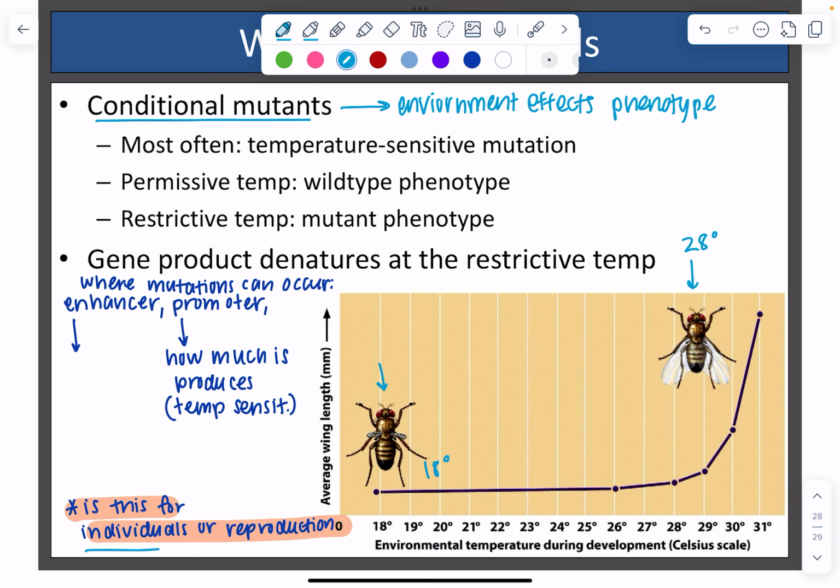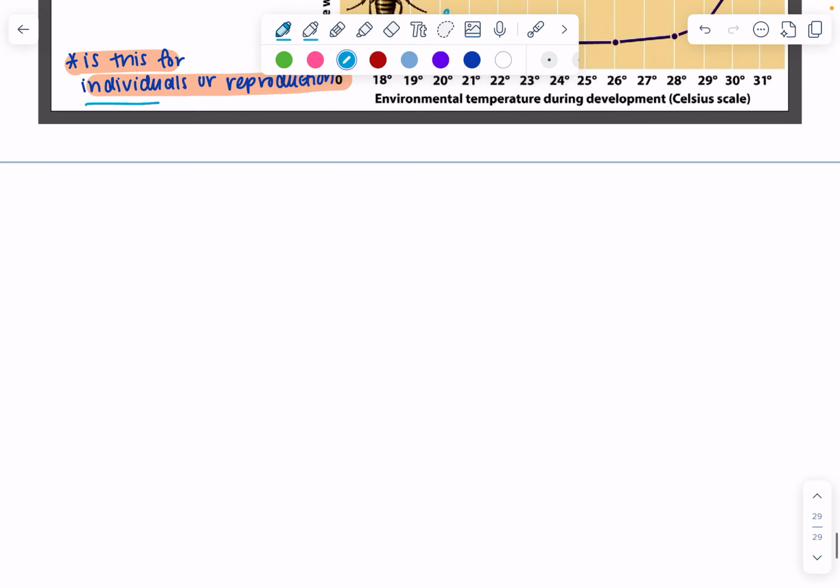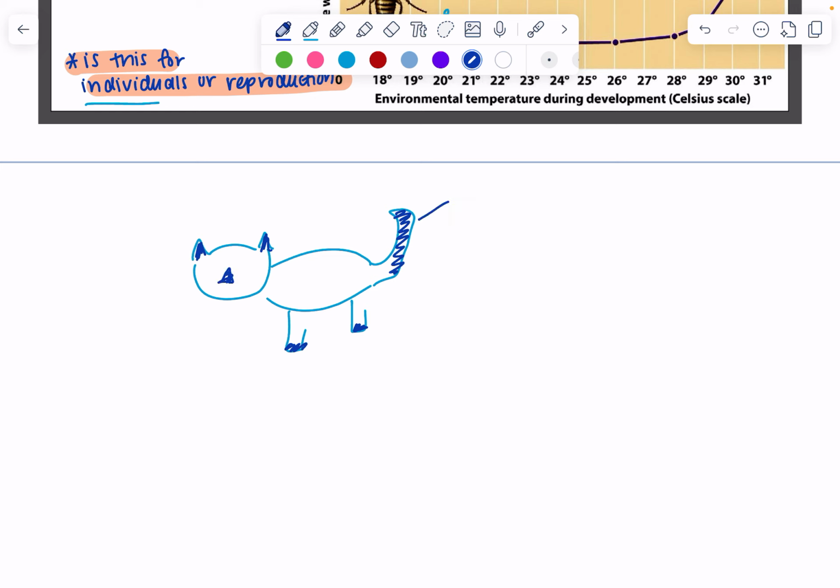Great. Siamese cats have, let's see if I can draw a cat for you. Whee, there he is. And a little tail. Okay, Siamese cats have darker ears, darker tail, and darker paws than the rest of their body usually, and they have a dark nose. That's because these areas are extremities that are colder than their bodies.